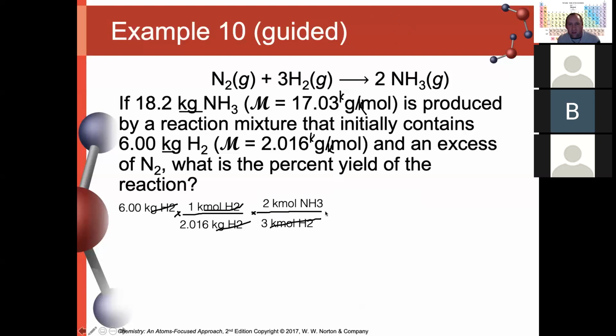And then finally, the last step: every kilomole of ammonia has a mass of 17.03 kilograms. And so my kilomoles of ammonia cancel, and I end up with just kilograms of ammonia.